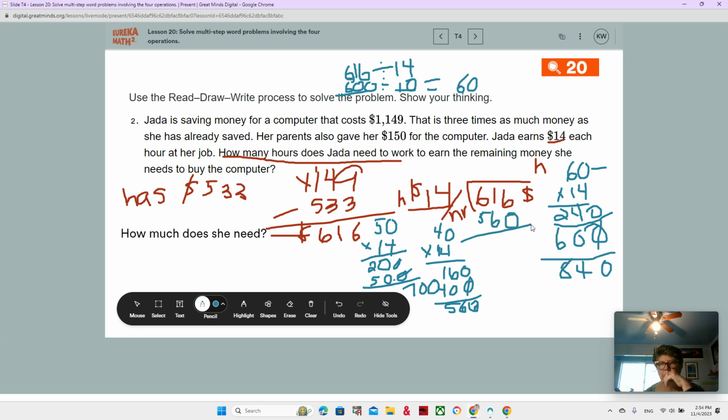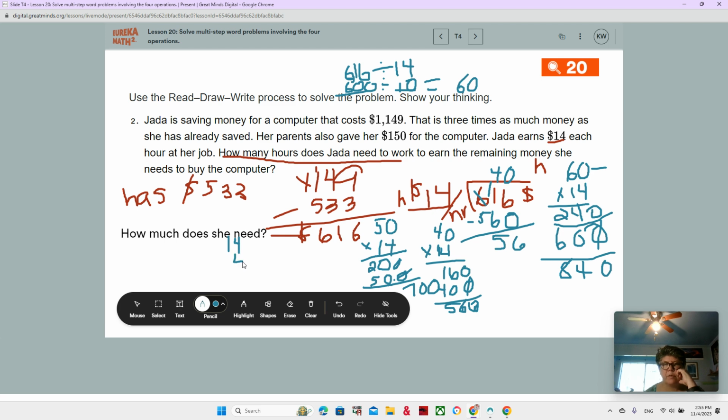There we go. Subtract. Beware of backward subtraction. 6 minus 6... 11 minus 6 is 5. 56. Now, that's bigger than 14, but that's okay because we can put our 40 here, and then we can put another number on the top, and that can all be the quotient together. So 14 times what is going to be 56?